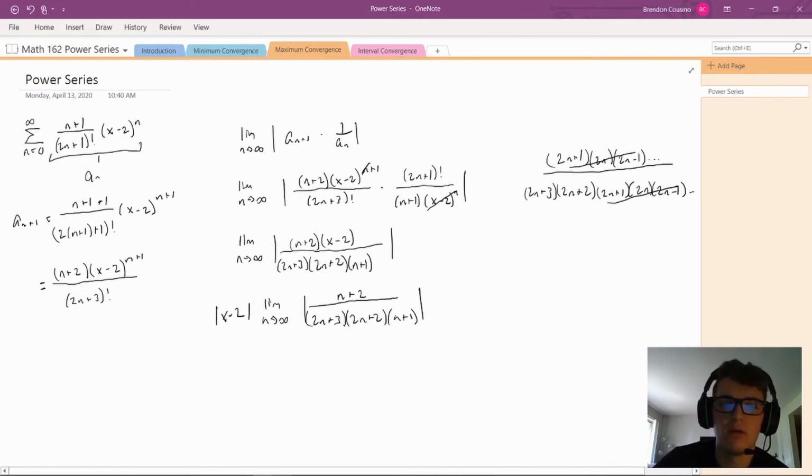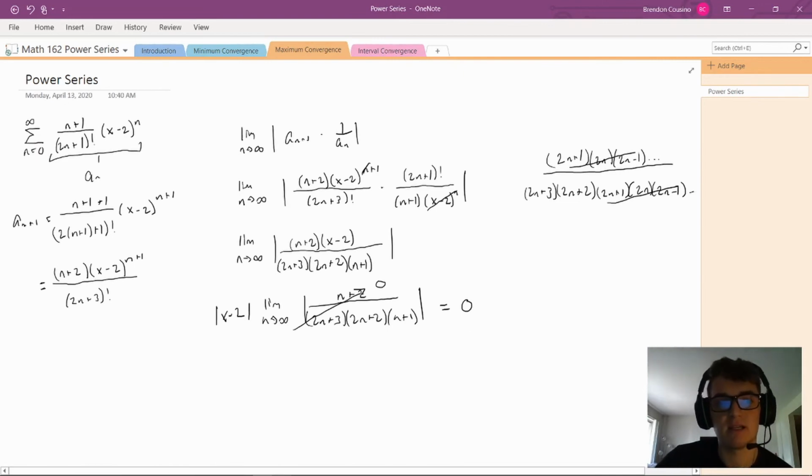So when I plug in infinity, my denominator is going to get bigger faster than my numerator because it's raised to a power of 3 instead of 1. If my denominator is getting bigger faster than my numerator, then that tells me that this entire limit goes to 0. So 0 multiplied by x minus 2, no matter what the x minus 2 value is, is going to be equal to 0.